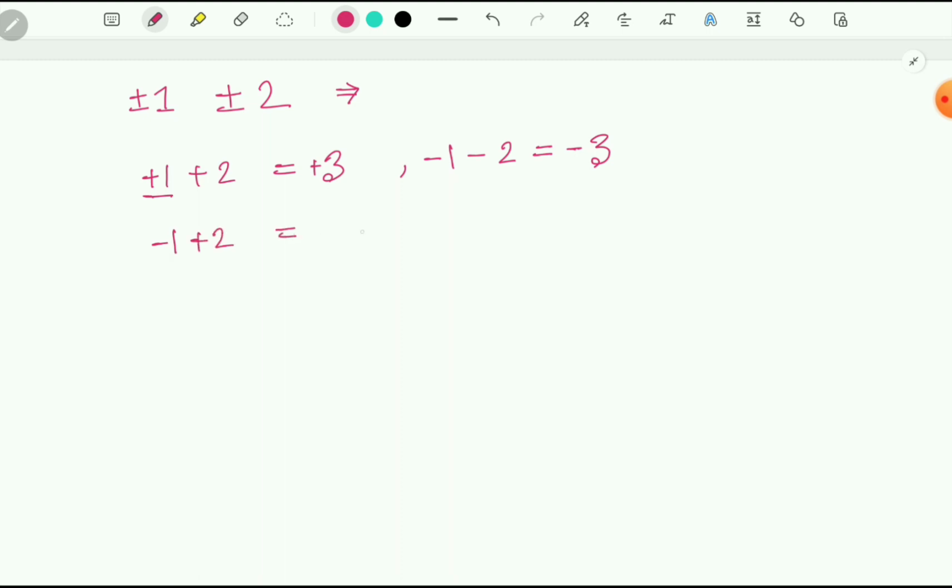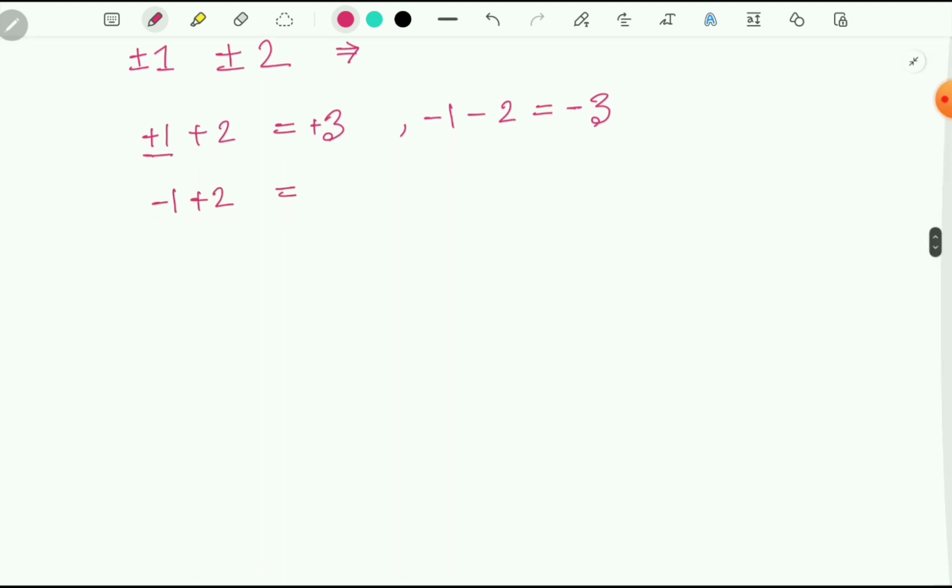It gives us 1. Same way, we can keep 1 positive and make the 2 negative, then it gives negative 1. Then if we make both negative, as I already did, it's negative 3.